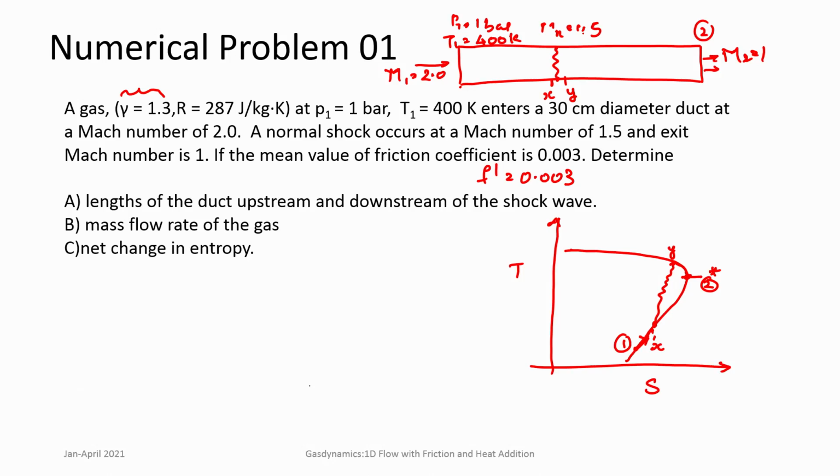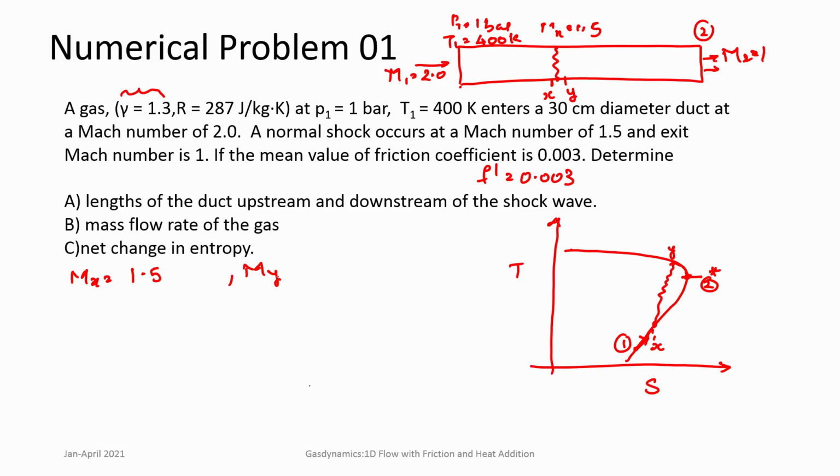Now, we know that for a normal shock located at Mx equal to 1.5, My is 0.69.